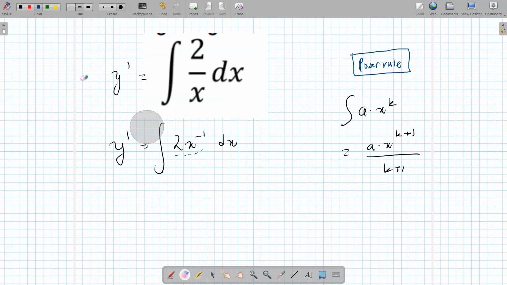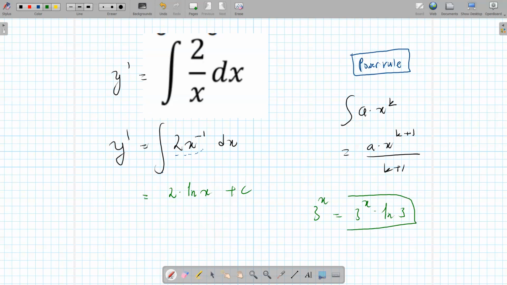So what do you do for this one? It's a simple formula. If there's an x to the power 1 on the bottom, when you integrate it, it's going to become 2 times the natural log of x. So it becomes 2 ln x plus c. Remember when we were trying to derive something like 3 to the power of x, this became 3 to the power of x times ln 3, right?